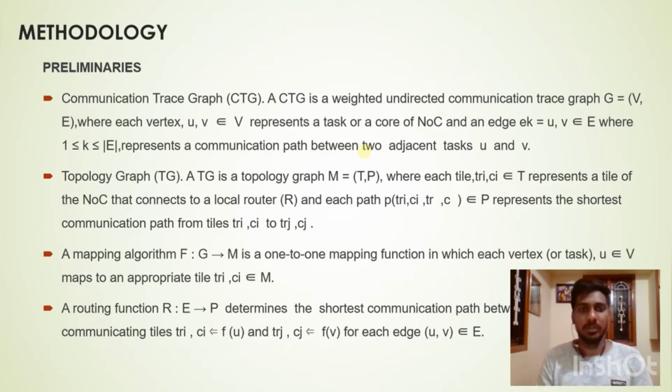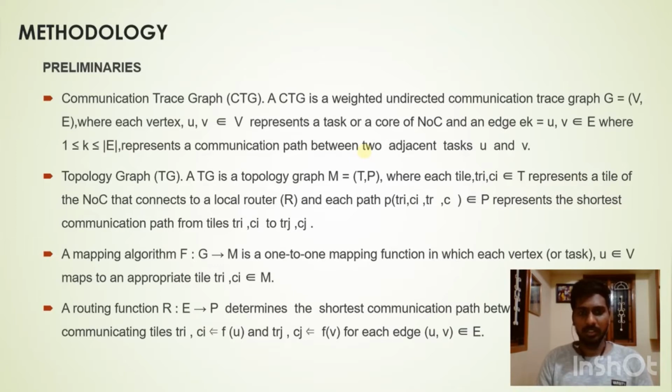That is E. It represents the path between two adjacent tasks U, V. Every core has its own task to do. SRAM has its own task to do. The memory has its own task to do. Like that, everything has its own task to do. These tasks communicate with each other with respect to their communication path. This is the communication trace graph.